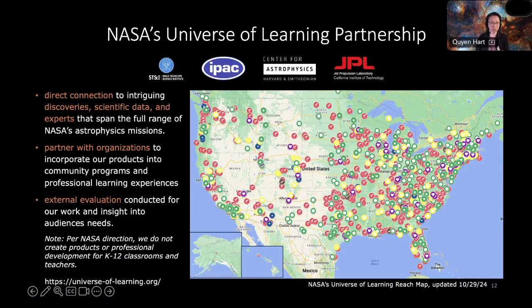And we partner with organizations to incorporate that into their community program. And this map here is showing you different places around the nation where they've reused the resources from NASA's Universal Learning. This is also externally evaluated to help us get insights on what the audience needs are.